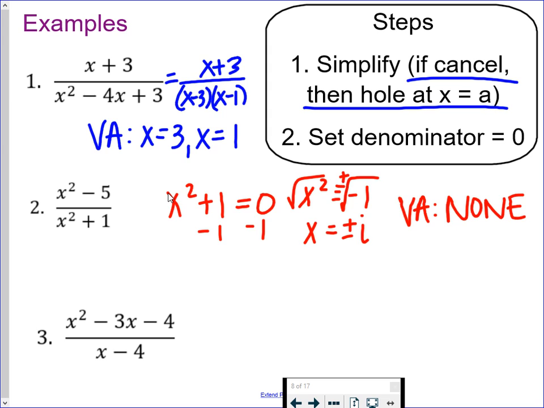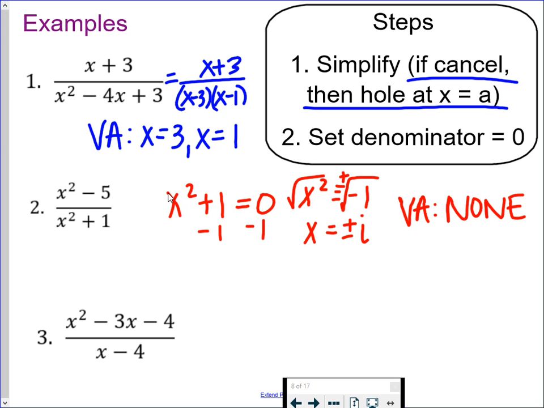If you think about it, what we're finding is a number that plugs into x that gives me 0 in the denominator. I can plug anything in the world in for this x and I still won't get 0, except for positive and negative i. With actual real numbers, nothing will make that denominator 0.